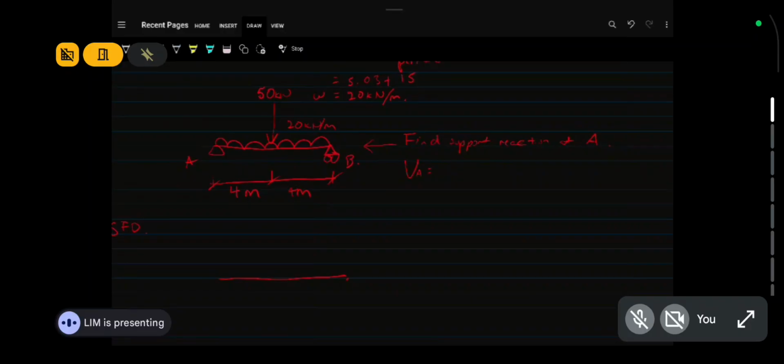We call it VA. 210 kilonewton. How did you get that? So it's 50 divided by 2 plus 20 times the total length, or you can do half the length. 20 times the length, and then divide by 2. I think it's like that.